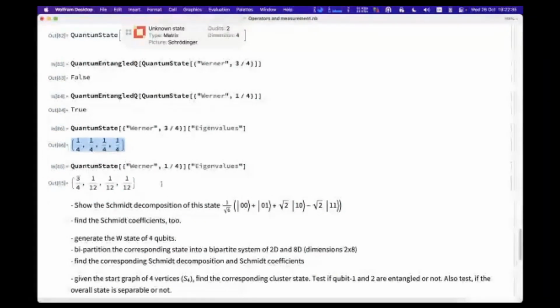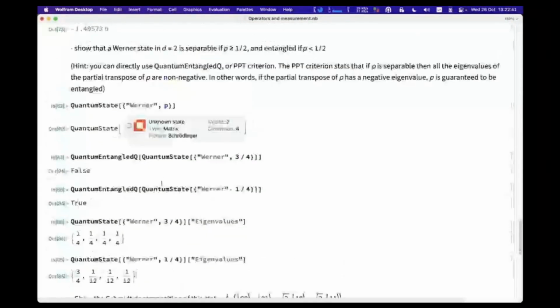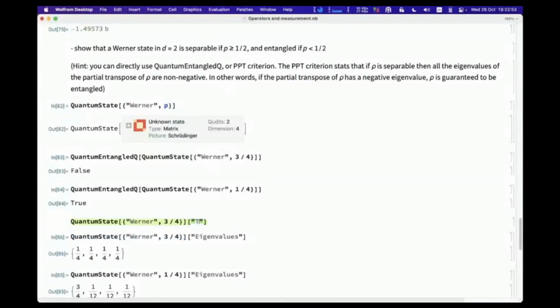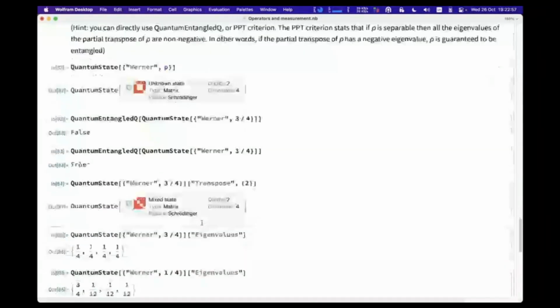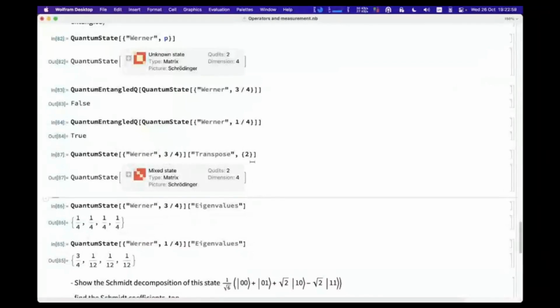Interesting. Oh, sorry, I forgot. My bad. We should take the partial transpose. I totally forgot, the PPT criterion is for the partial transpose. So let's take the partial transpose of the second system, so it's going to be the transpose of the second system. And then let's look at the eigenvalues.